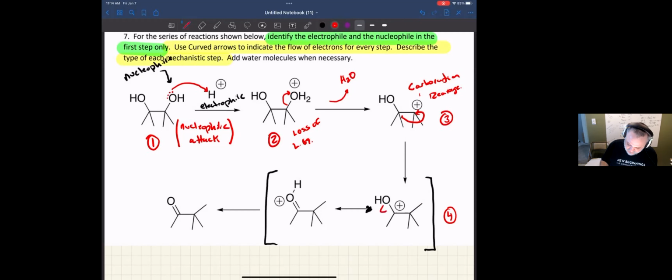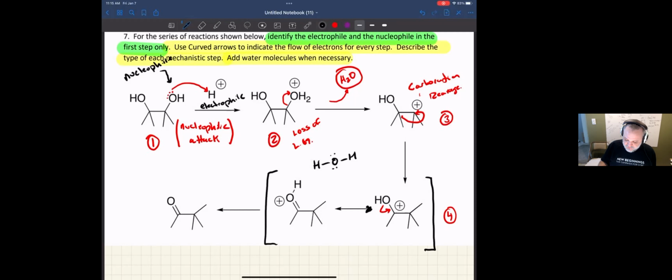But I have the electrons from the OH group coming down from the oxygen to make a double bond, and I'm showing that the positive charge can be delocalized into the oxygen. Then what do I need? I can remember it says to add water molecules when necessary. And I had a water molecule that I lost here. So that water molecule must still be floating around.